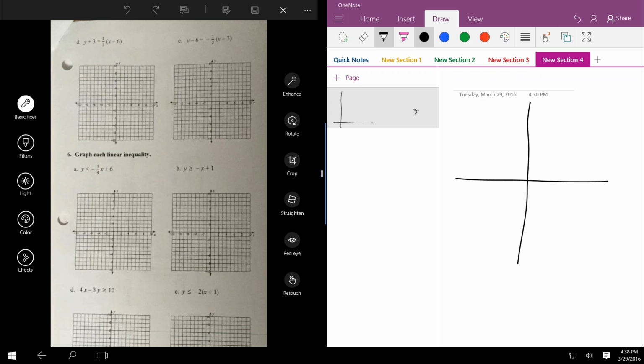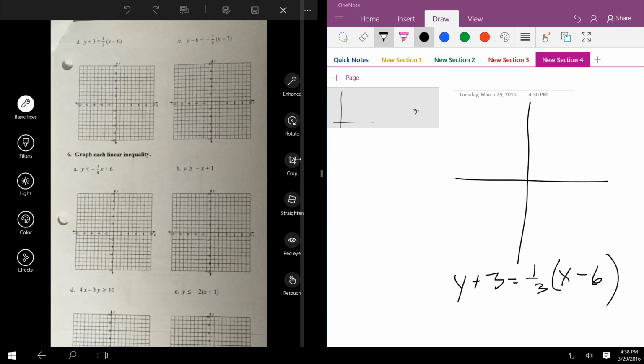So if I'm talking the equation y plus 3 equals 1/3 x plus minus 6, what's the first thing we have to do in order to be able to graph that easily? Find the intercepts. Well, we need to put it into y equals mx plus b.